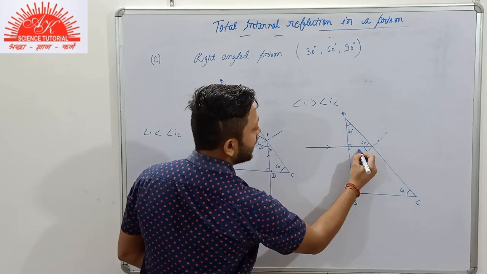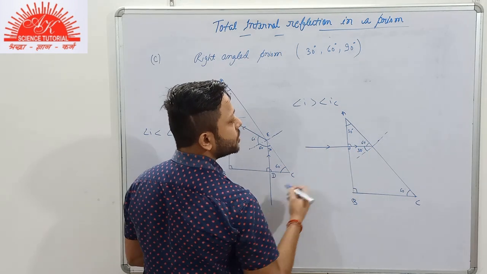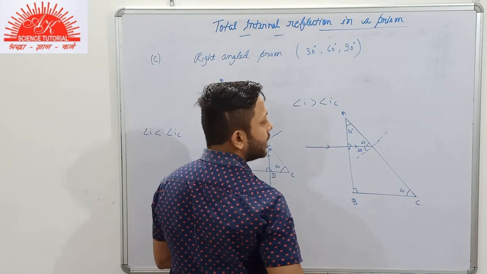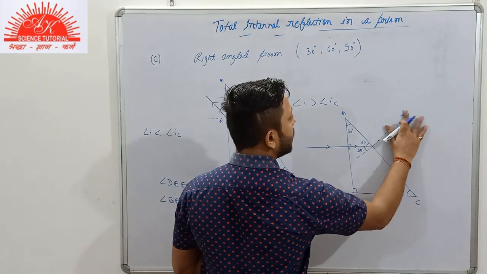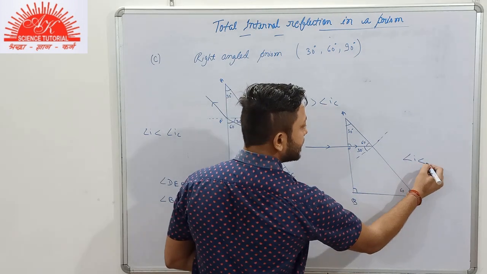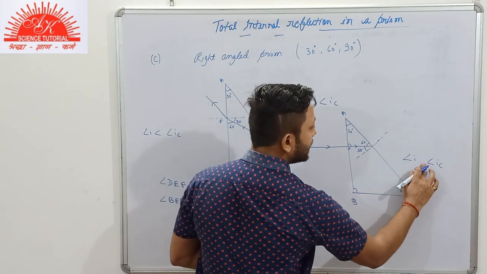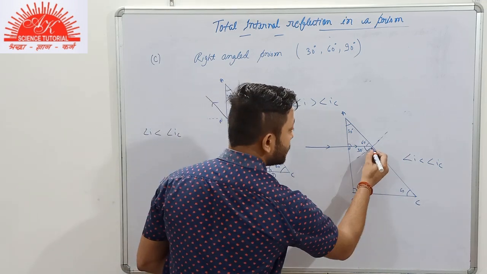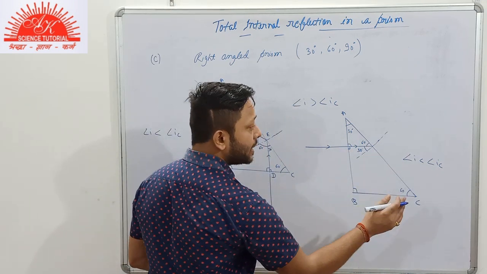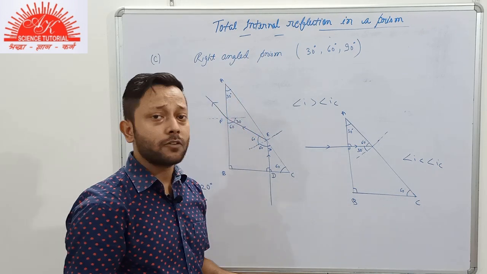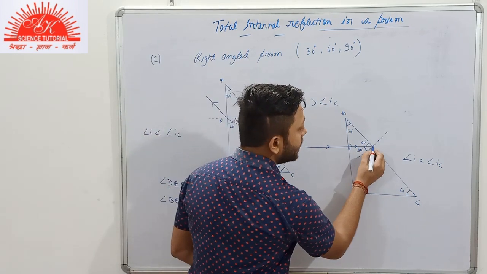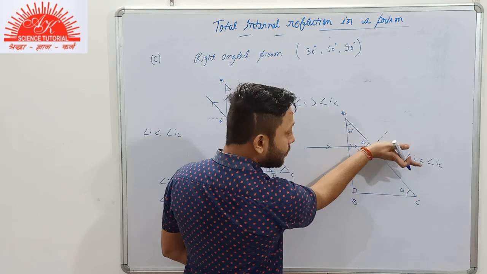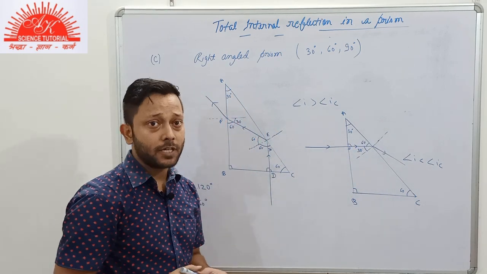So the angle of incidence here must be 30 degree, and as you can see, the angle of incidence in this case is less than the critical angle, that is, less than 42 degree for glass. So obviously no total internal reflection will take place here. In fact, it will move away from the normal and refraction will take place.